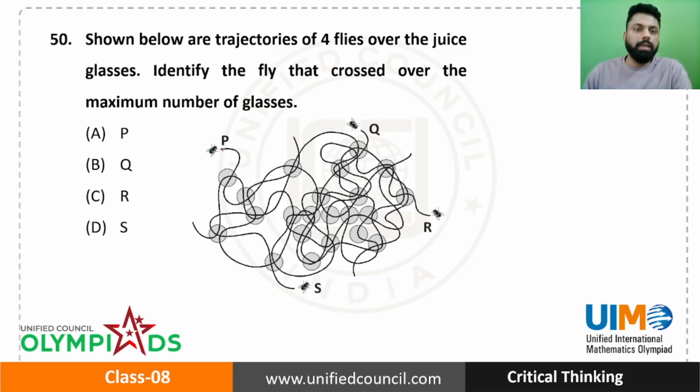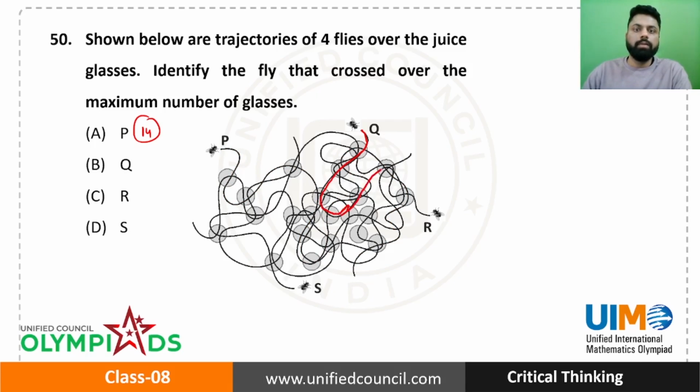So if we talk about, let's say, 1, 2, 3, 4, then it is going to be like 1, 2, 3, 4, 5, 6, 7, 8, 9, 10, 11, 12, 13, 14. 14 glasses for P.